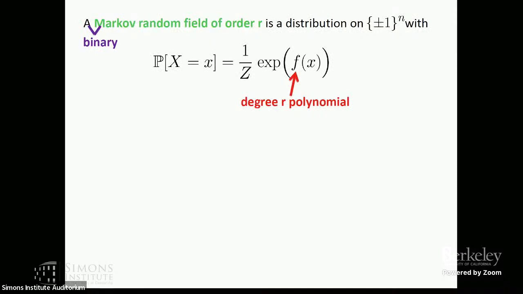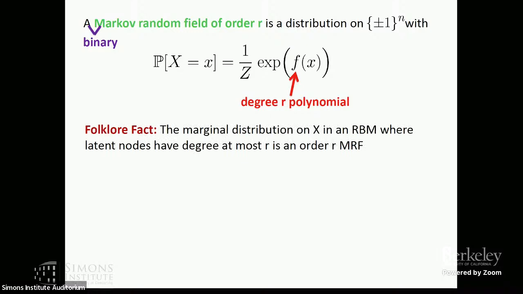So in particular, we'll be interested in binary Markov random fields, and a binary Markov random field of order R is just the distribution on plus minus 1 to the n, which has the same type of functional form that we've been talking about so far, but with the twist that this function that goes in the exponent is now a degree at most R polynomial.